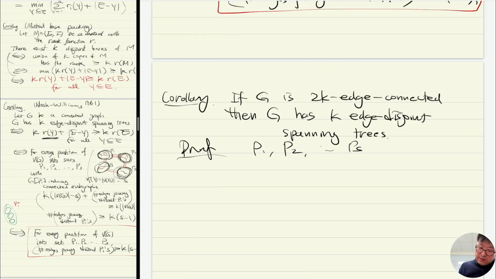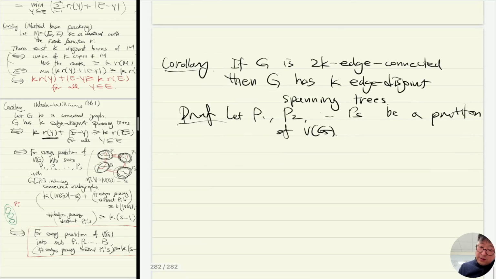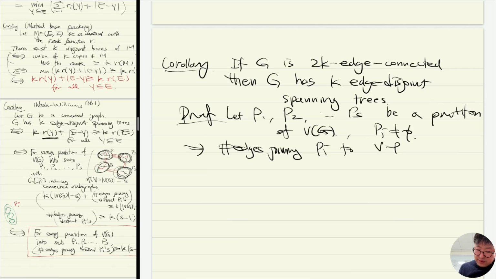Let P1, ..., PS be a partition of V(G) with each Pi non-empty. Then by the condition, the number of edges joining Pi to V minus Pi is at least 2k.